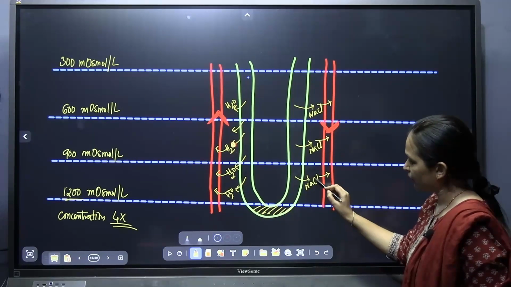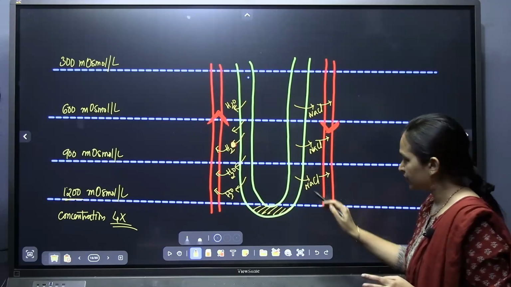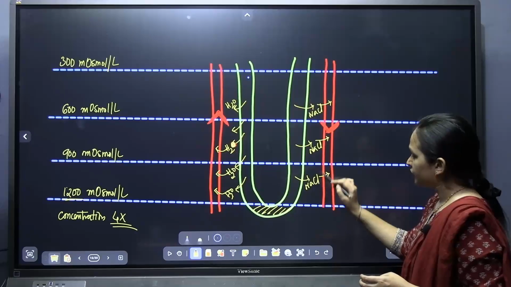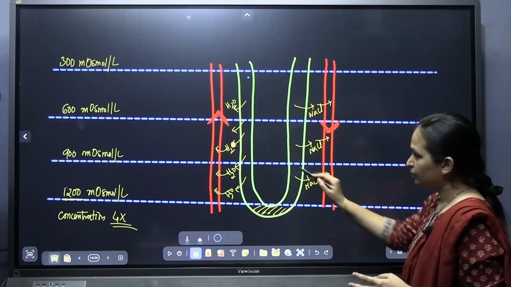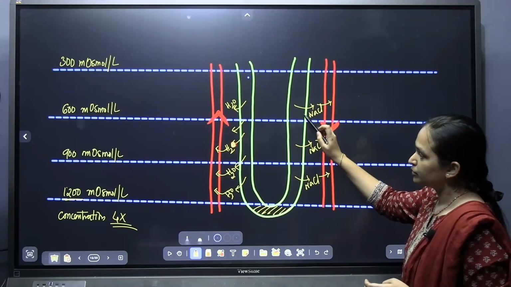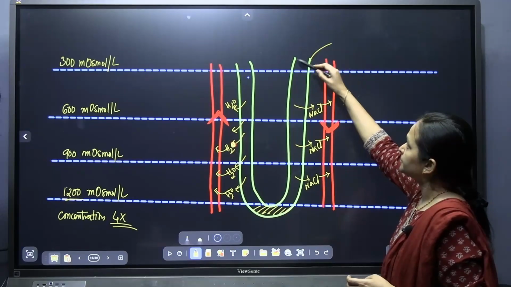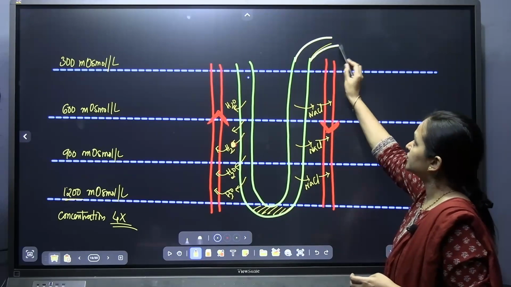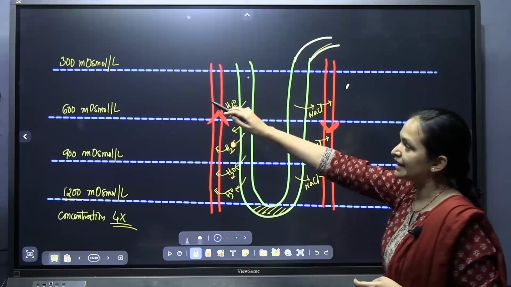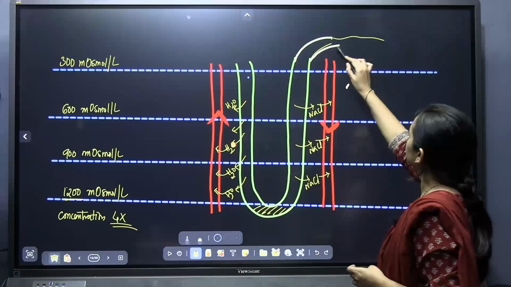Now you took out the NaCl, I am just giving the analogy, and it became 900 milliosmol, then again you took out the NaCl, it becomes 600, and again you took out. When you reach the DCT, it will be 300 milliosmol per liter.